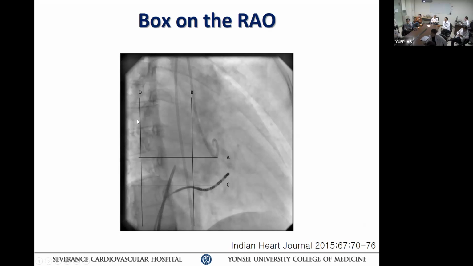And this D line represents the contour of the left atrium, but there are some catches here, which is that in some people with RA enlargement or pericardial effusion, those contours can be deceiving.